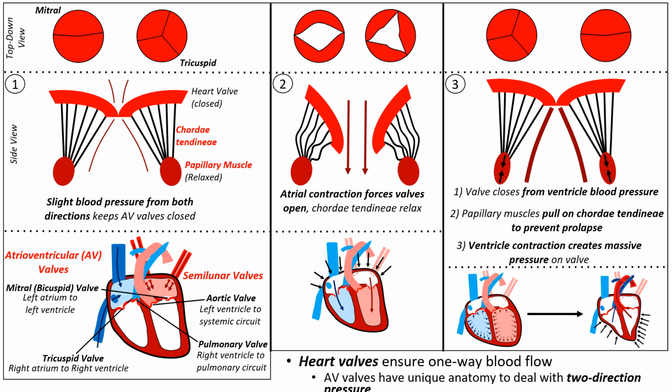The valve closes from the ventricular blood pressure, and the papillary muscles, which had been relaxed in this state, now pull on those chordae tendineae to prevent them from prolapsing. And this is just allowing you to open those atria without allowing a bunch of blood flow through, essentially ensuring one-way blood flow. And this anatomy is required because there's pressure on both sides of this valve.